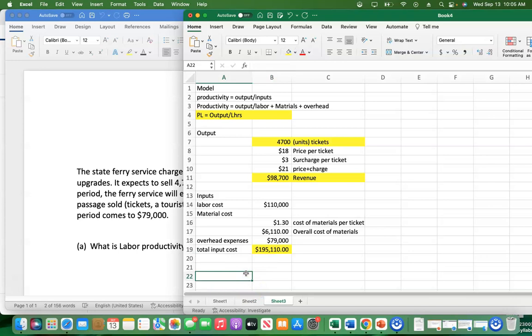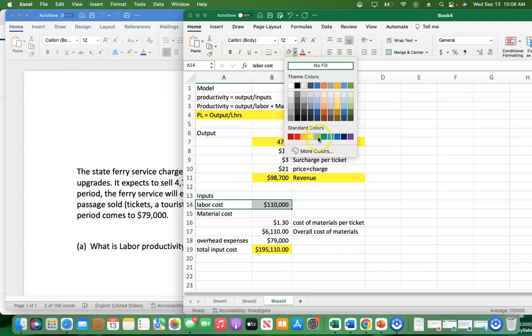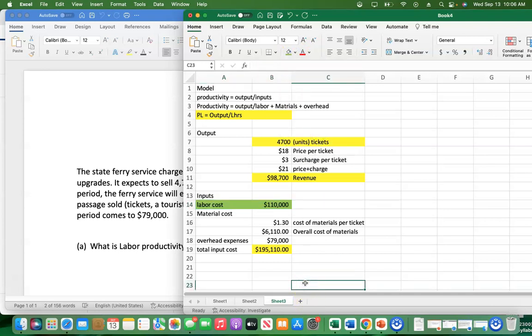So now we have output, and also we have inputs. But we are asked to find the productivity of labor. So let me highlight this a little different. We need to find productivity of labor. And in this case, all we have to do is we can use the number of units, which is our output, per the labor cost, or we can actually use revenue per the labor cost.